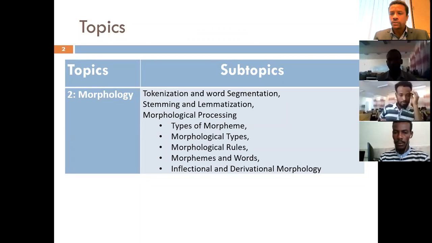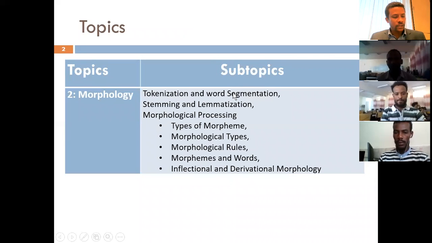And in a document, words are put with many other words and other symbols like punctuations, numbers, and many others. So the first thing that we are supposed to do in morphology is tokenization or word segmentation, and that is going to help us to identify the words that we need to work on.